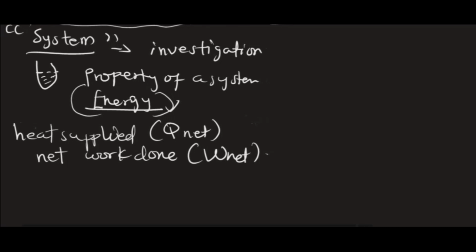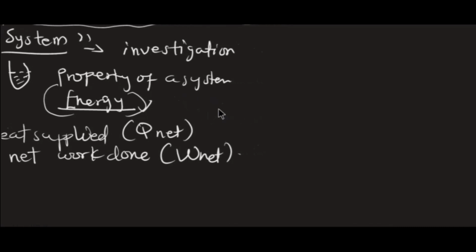So mathematically, what I'm saying is delta Q minus delta W net is equal to our energy E. So the total energy E is equal to the change in the heat supply minus the work done as the system changes in state. So this is the first formula I've shown you. Q net minus W net is equal to delta E, right?